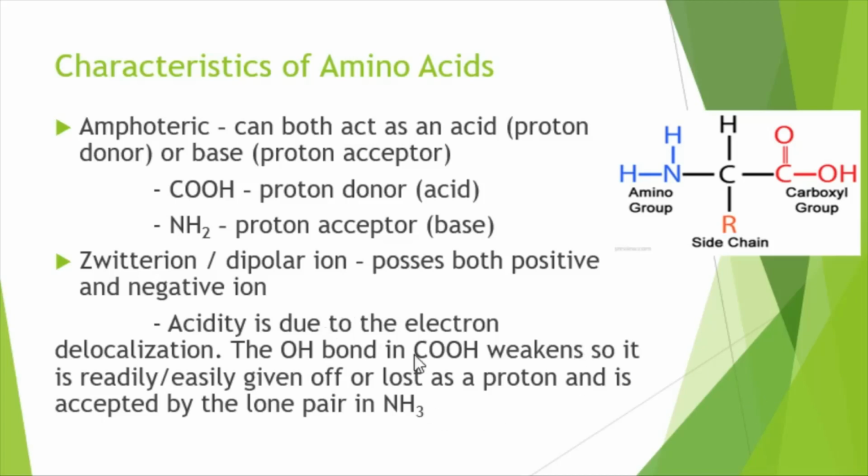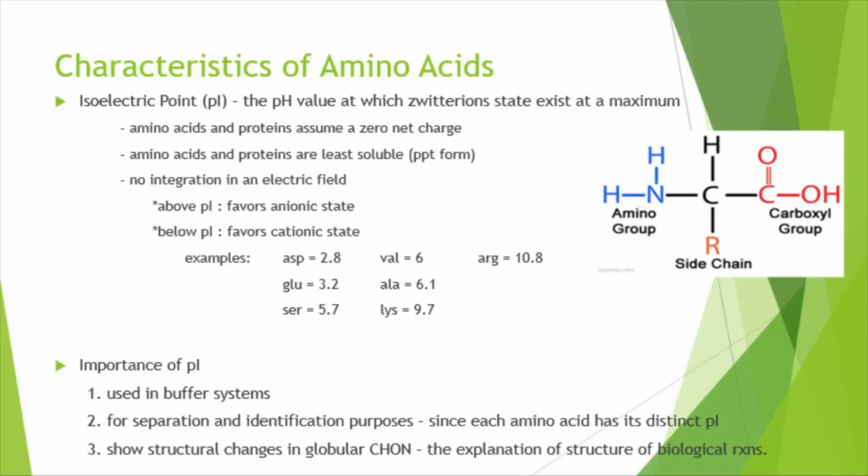The OH bond in COOH is weakened, so it is readily lost as a proton and is accepted by the lone pair of your NH2. So it becomes NH3 as it accepts the proton. So that's your Zwitter ion. Your amino acid as a Zwitter ion.